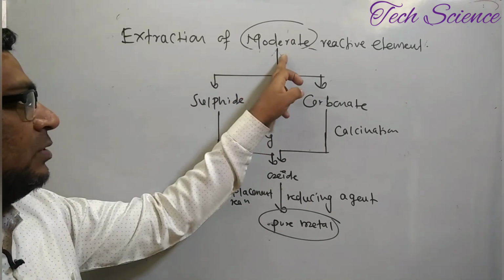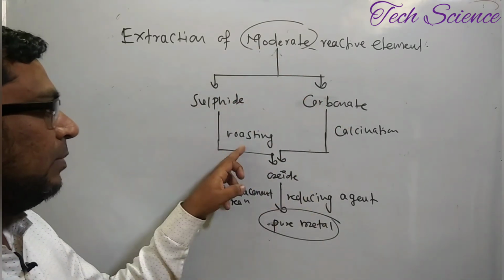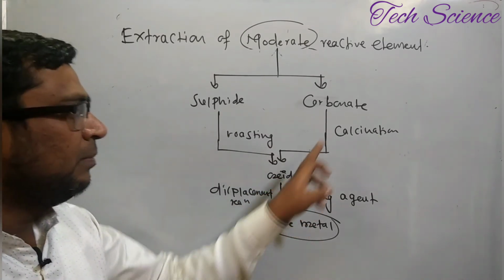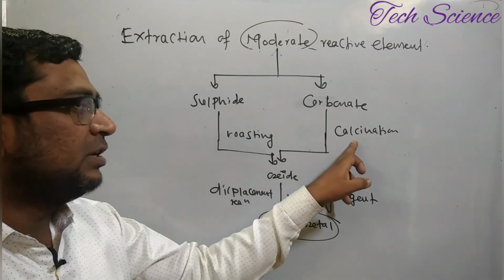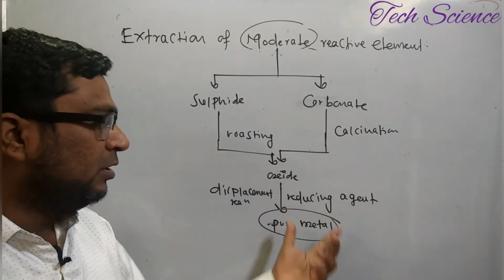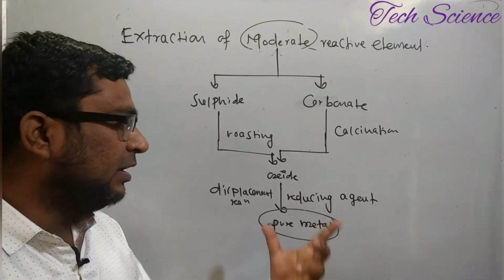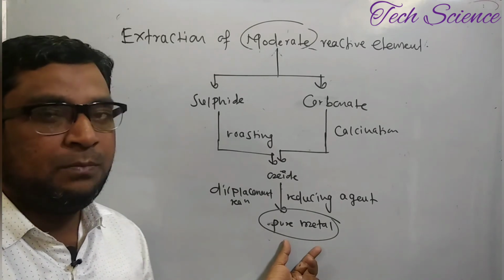It's very easy. For a moderately reactive element in sulfide or carbonate form, if we apply roasting for sulfide, it converts into oxide form. If it is in carbonate form, use the calcination process to convert it to the oxide form. Once you have the oxide form, use a suitable reducing agent, extract it using the displacement reaction, and you obtain the pure metal.